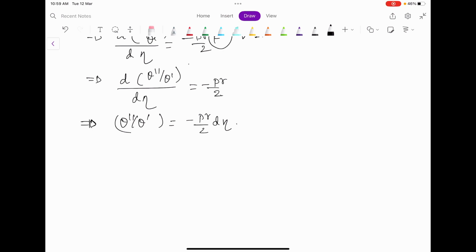This you can write as d of ln theta dash equal to minus Pr by 2 d eta.